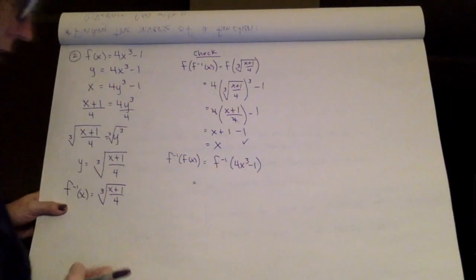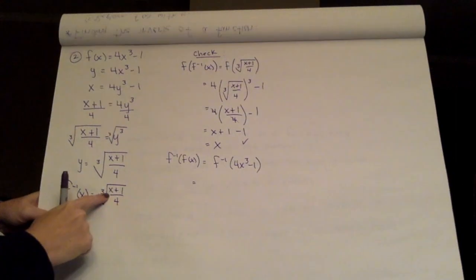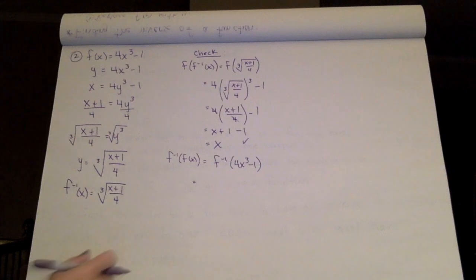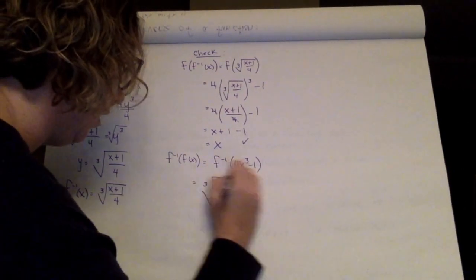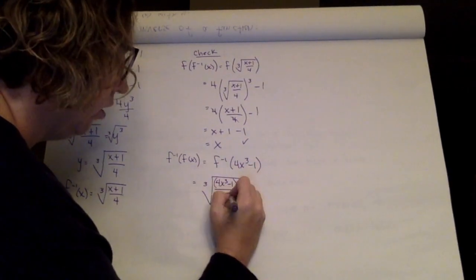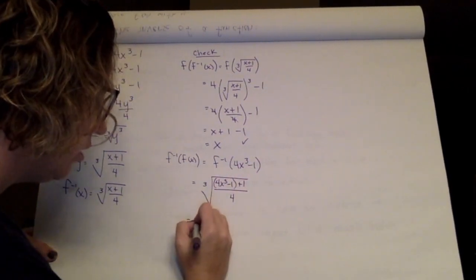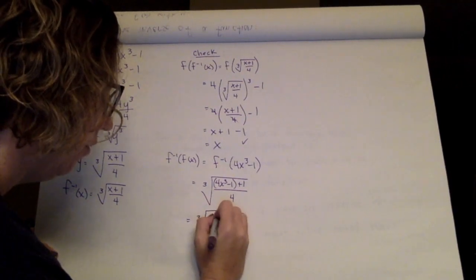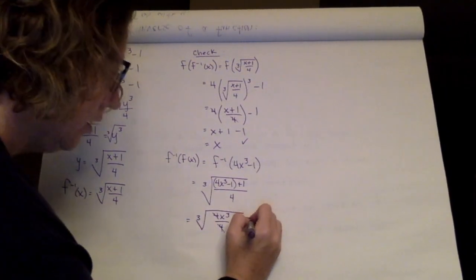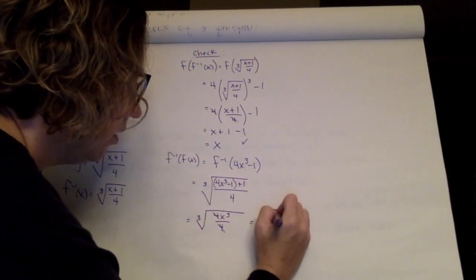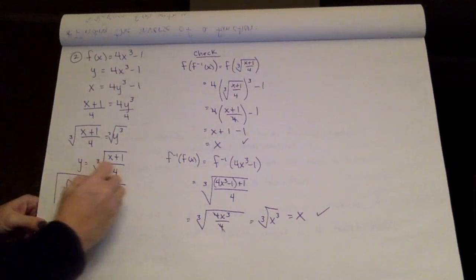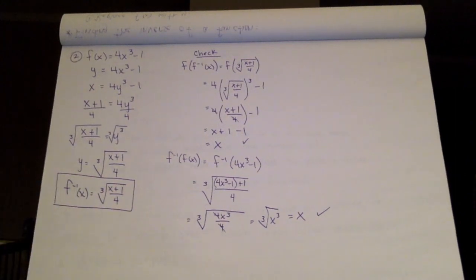Or I go to the inverse, and now in place of this x, I'll put 4x cubed, so I'll have the cube root of 4x cubed minus 1 plus 1 all over 4, which is really just the cube root of 4x cubed over 4, but the 4's reduce to give me the cube root of x cubed, which is in fact x. So that checks out, and then we can know that this is in fact our inverse function.